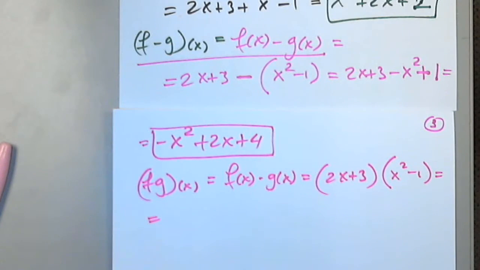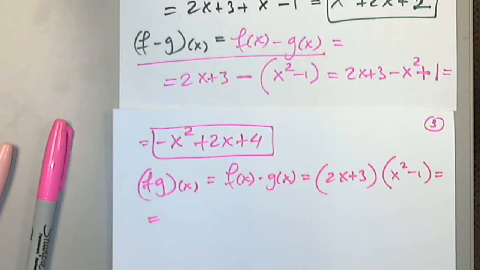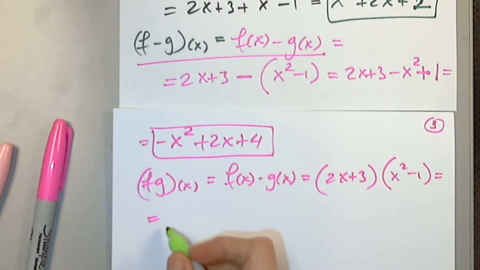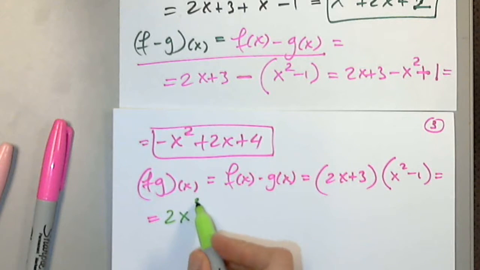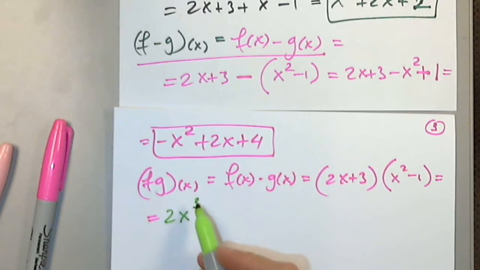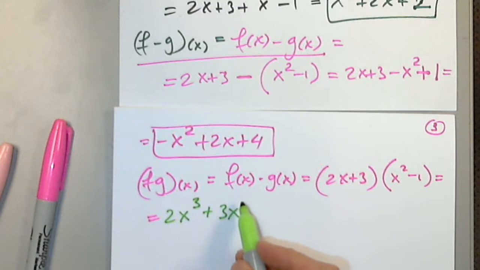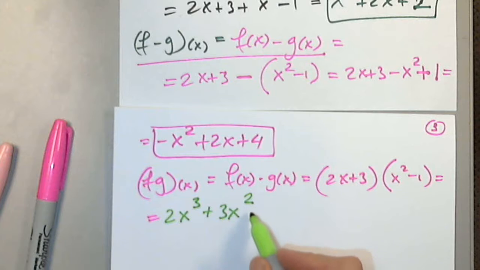What do I do next? Yes, so please dictate. Cubed. Very good. Plus 3x squared. Very good.